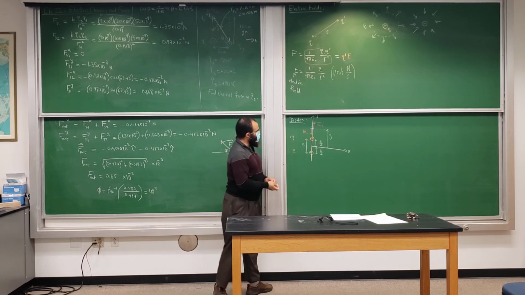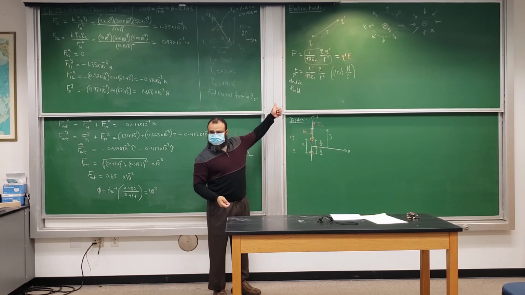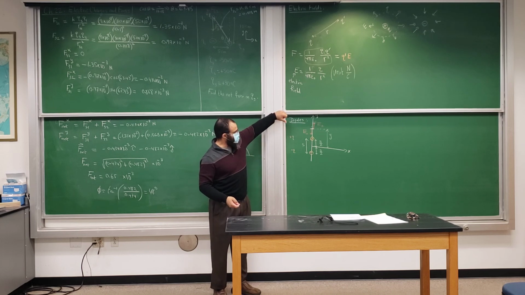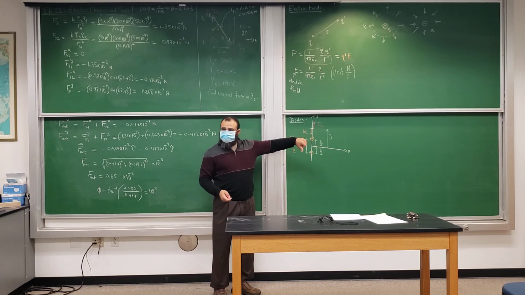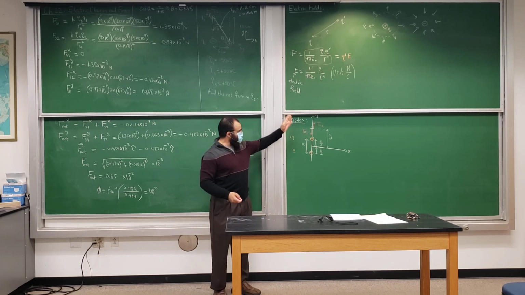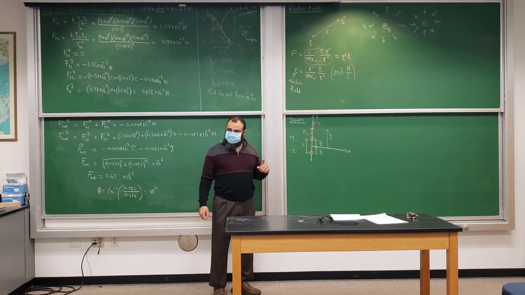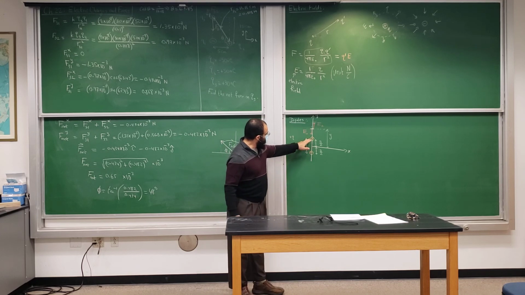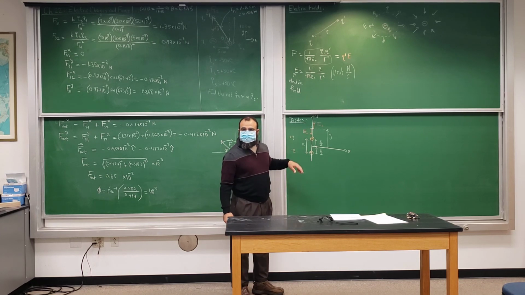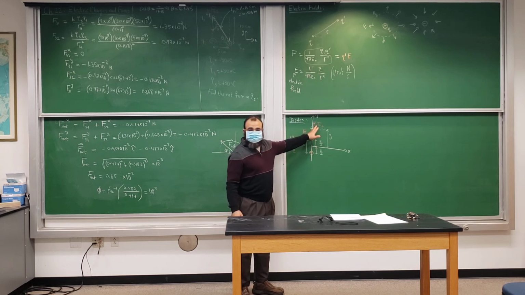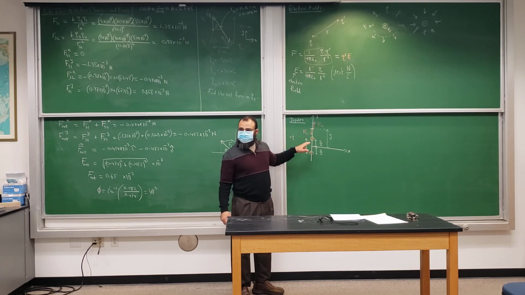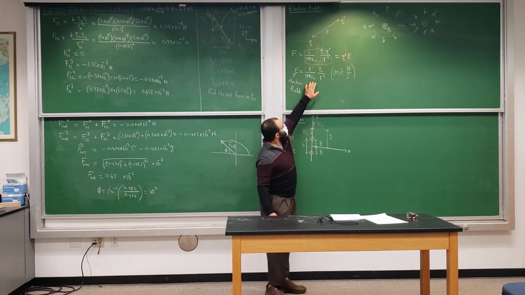One of them produces an electric field in the positive y direction, and the other one produces an electric field in the minus y direction. They point along the same axis, but one is this way and the other one is this way. But there would be a net field, because you see the plus charge is closer and the minus charge is farther. So the electric field due to the plus charge will be slightly larger than the electric field due to the minus charge.